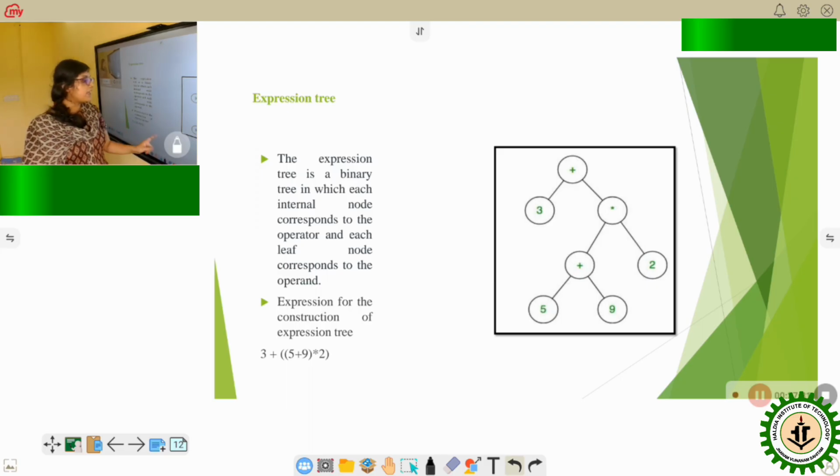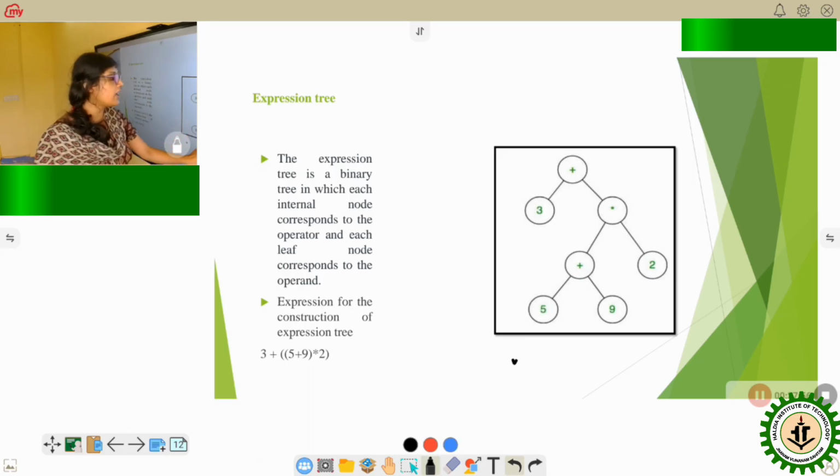So we will place, this is the operator and 5 and 9 are the operand. See, according to the definition, in which each internal node corresponds to the operator and each leaf node corresponds to the operand. So the operator plus is present as the internal node and the operands 5 and 9 are present as the leaf node.